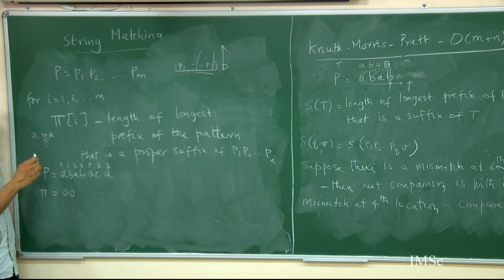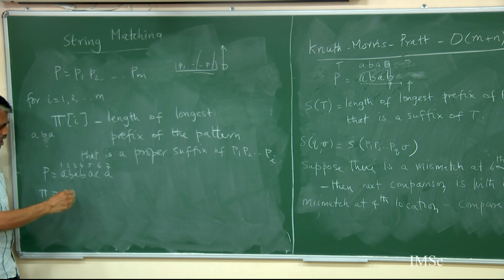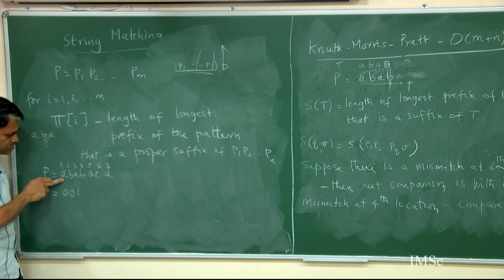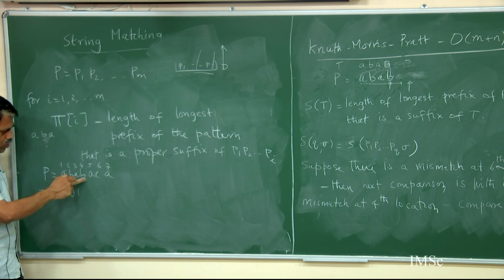ABA is not a proper suffix. BA and A are the 2 proper suffixes. Out of the 2, what is a prefix of the pattern? A. So I have 1. So this tells me that if you are matched up to this point and you got a mismatch here, then the second character is what you should start checking, that is all it says.